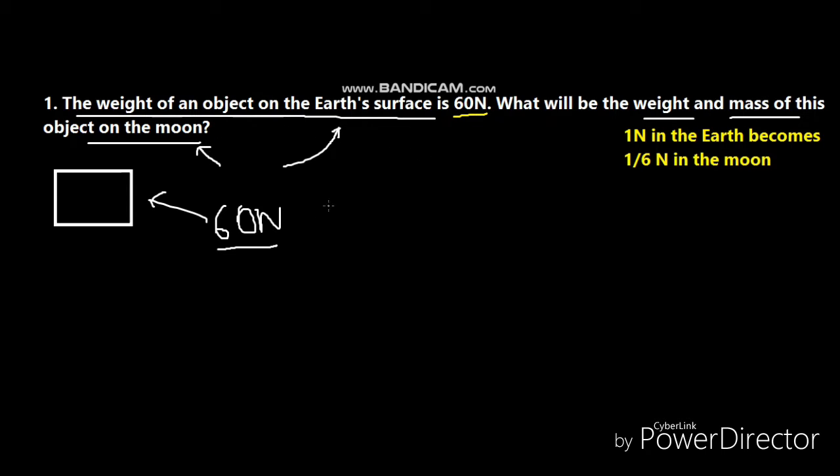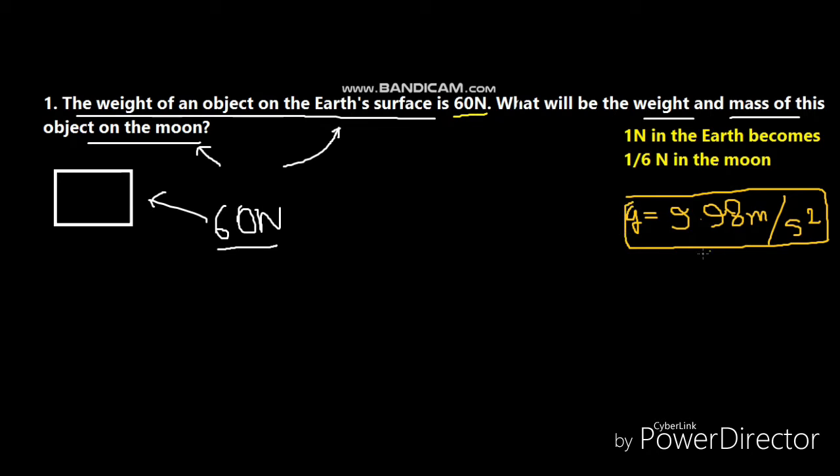So what is the mass of this object on the earth's surface? We know about the gravitational acceleration. We know that the small g, or the gravitational acceleration on earth, is 9.98 meter per second square approximately, right?